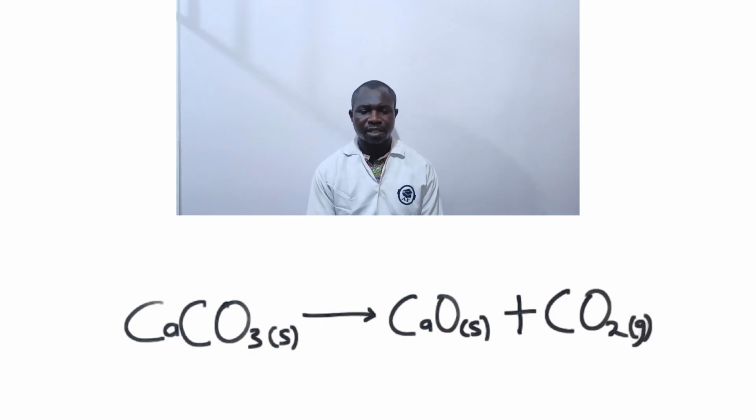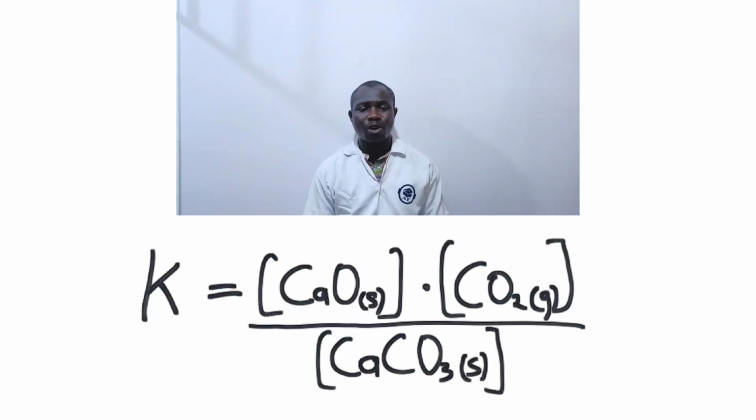Then question 2. Calcium carbonate, solid, gives us calcium oxide, solid, plus CO2 gas. Students should note that calcium carbonate is solid, calcium oxide is solid, and CO2 is a gas. So the state of the system has been specified. The equilibrium constant of that expression is product over what?